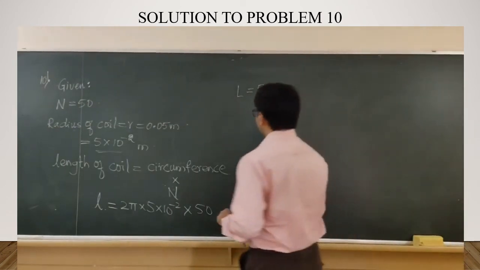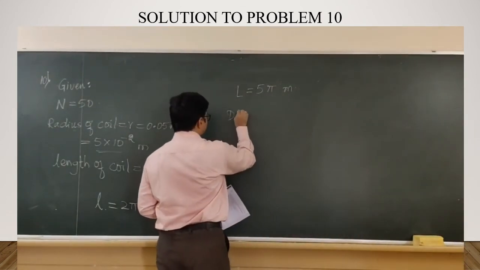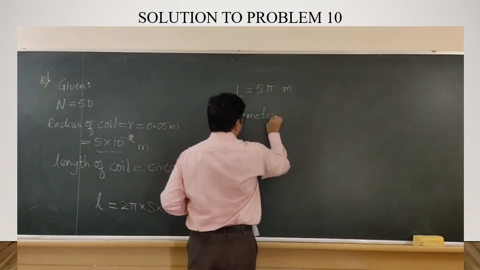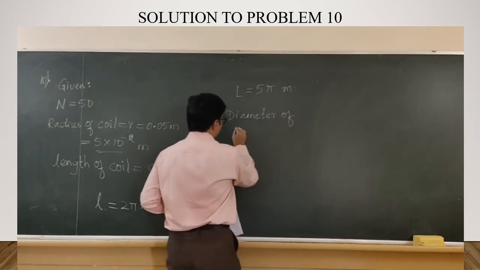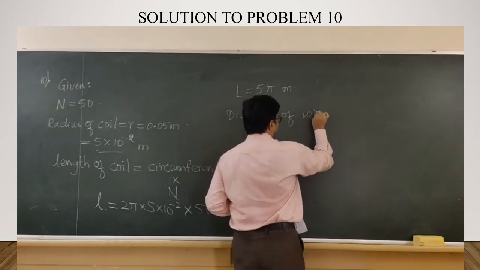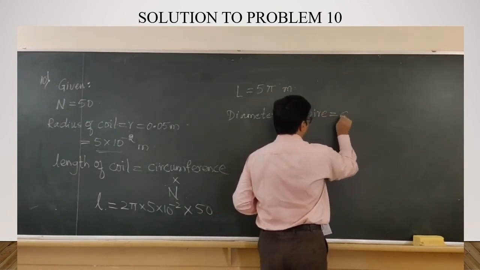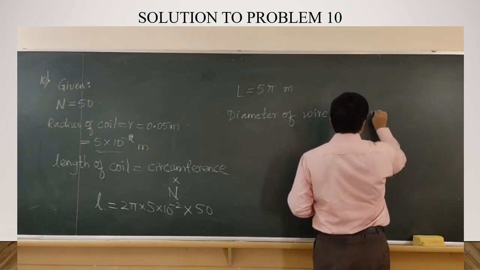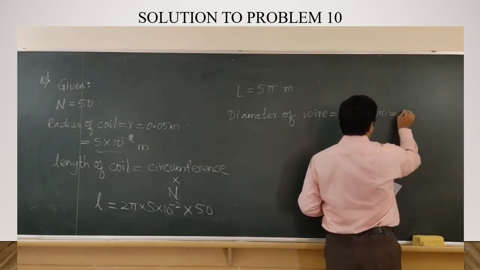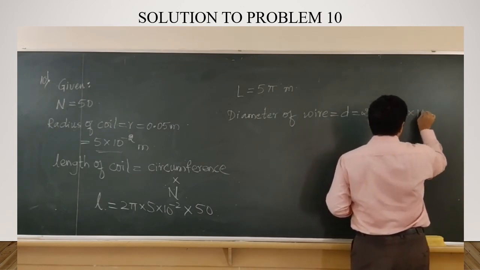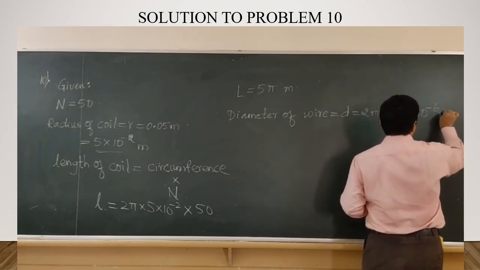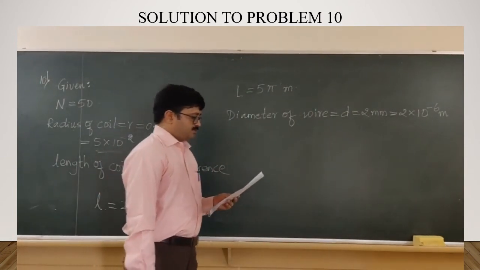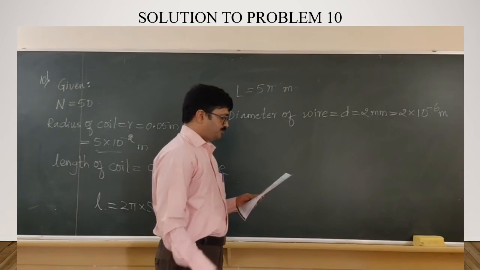So I will mention the diameter of wire. I take diameter as small d, which is given as 2 millimeter, which is 2 into 10 raised to minus 3 meter. So we have mentioned the diameter here.